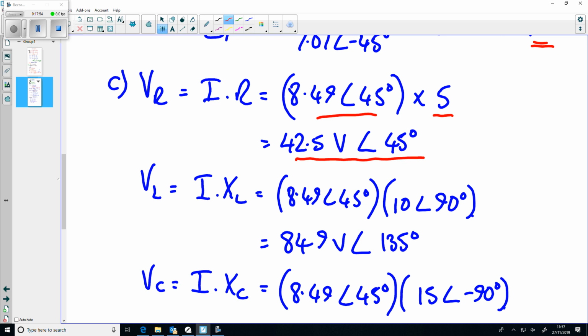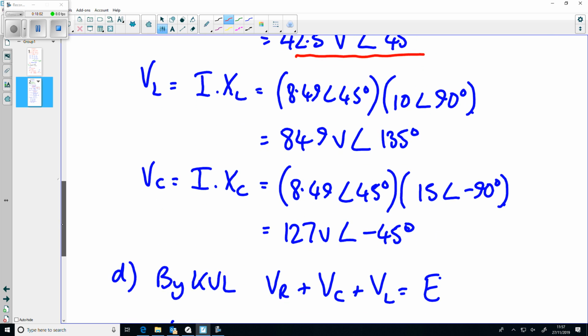So you end up with 84.9 volts at 135 degrees. And then lastly, VC is I times XC, so 8.49 angle 45 times the 15 ohms angle minus 90 for a capacitor. That brings in 127 volts angle minus 45 degrees.